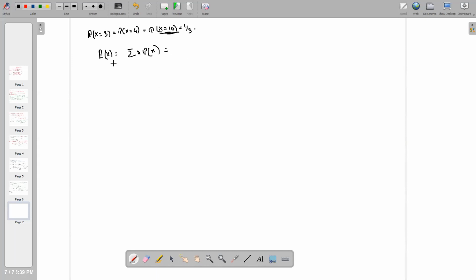So next example, next problem. Now let's take a discrete random variable which takes only positive integers as values. Okay, so say this is only positive integers.